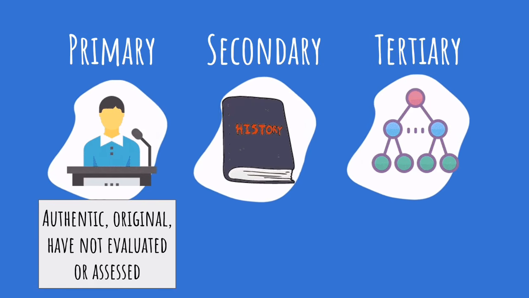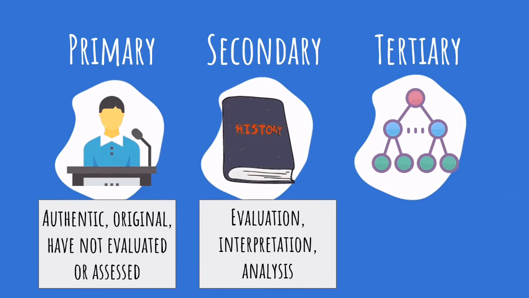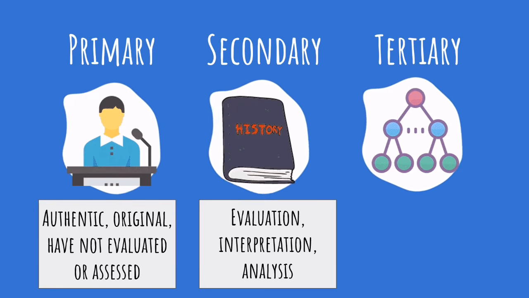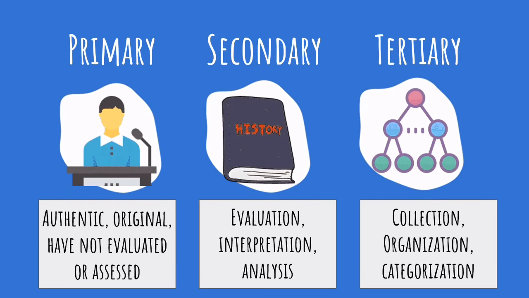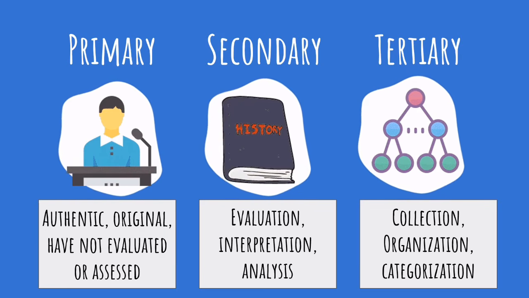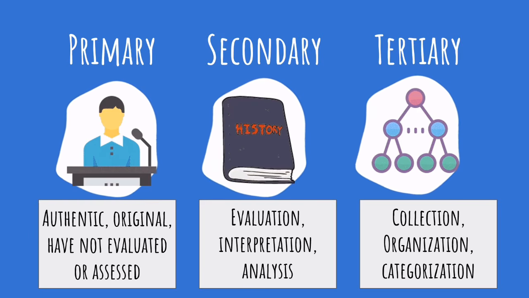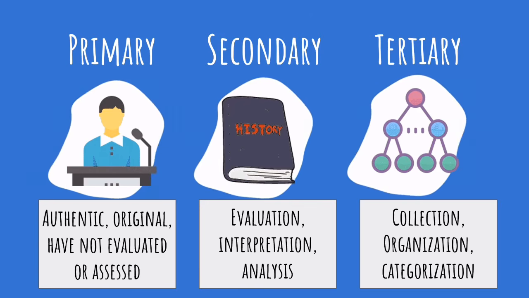For secondary sources, we have evaluation, interpretation, and analysis. And for tertiary sources, we have collection, organization, and categorization. Were you able to answer the first question correctly? Very good!